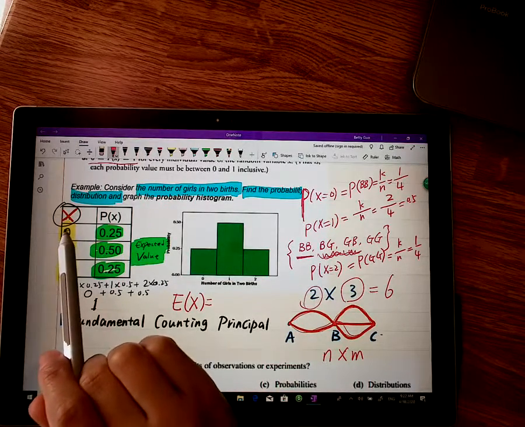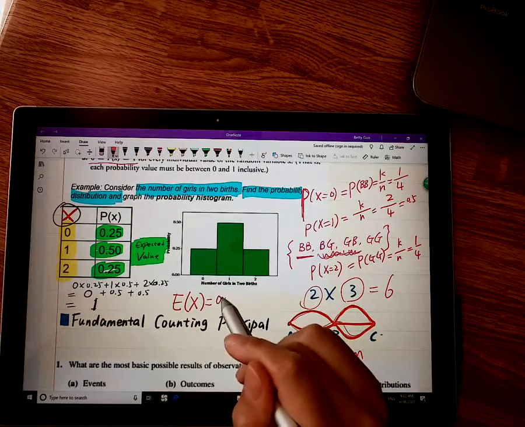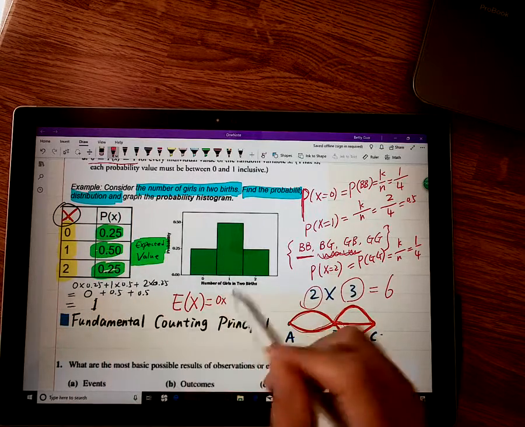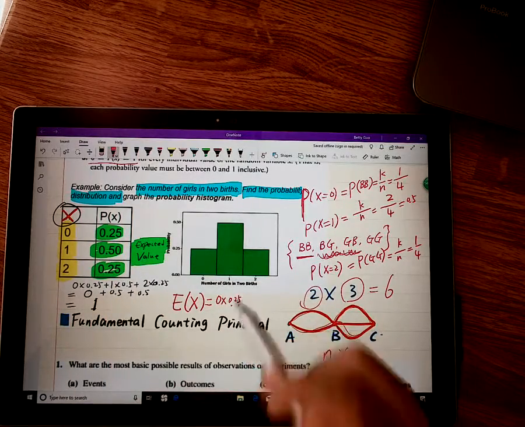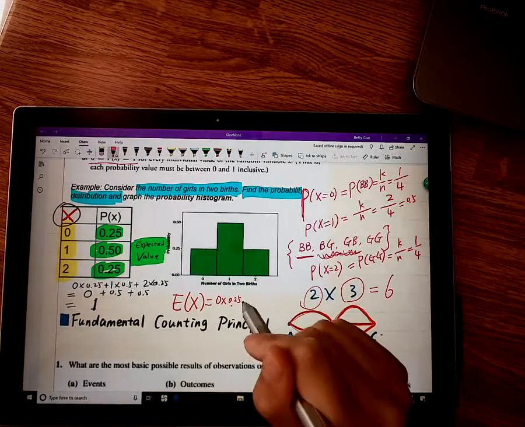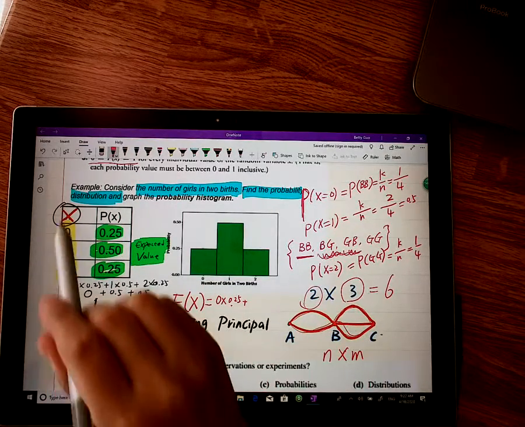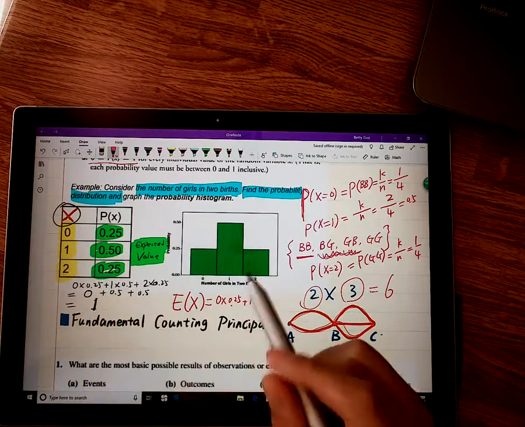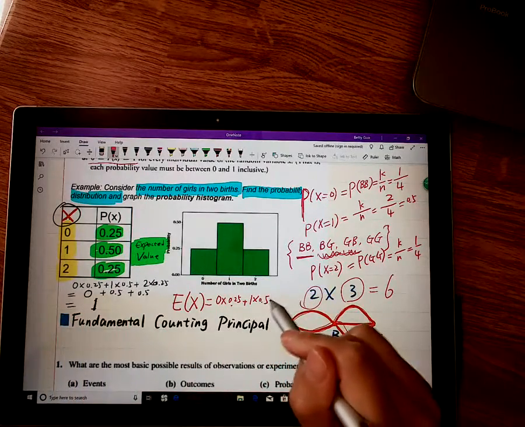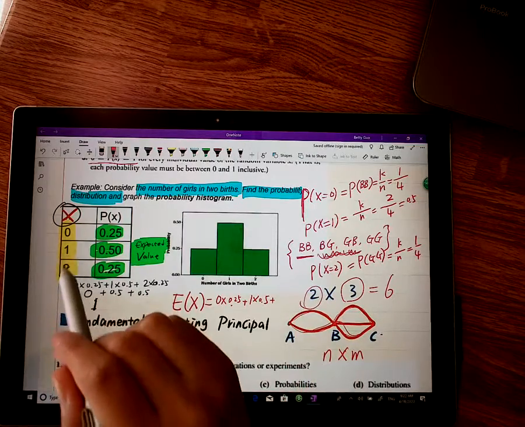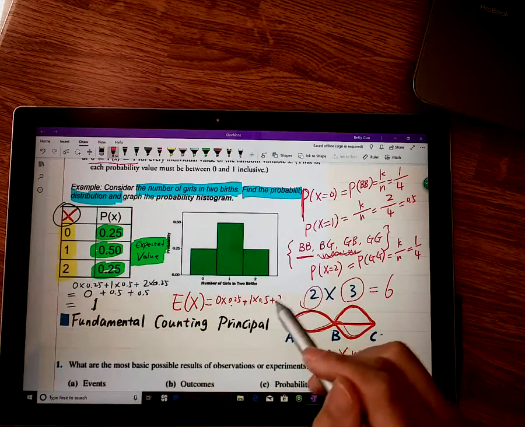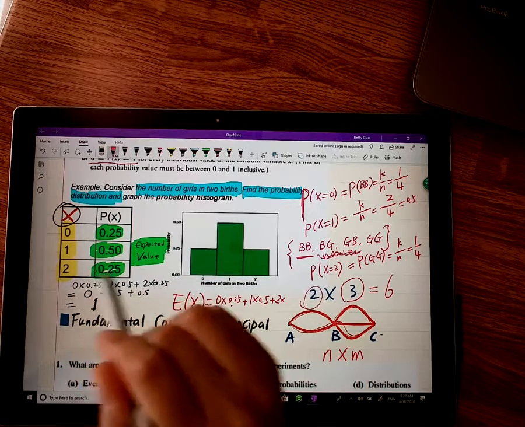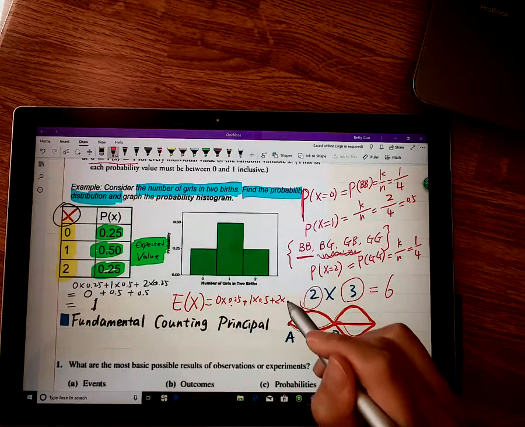You use the value of x multiplied by the corresponding probability. And then you add the second value of x multiplied by the corresponding probability. And then you add the third value for x multiplied by the corresponding probability.